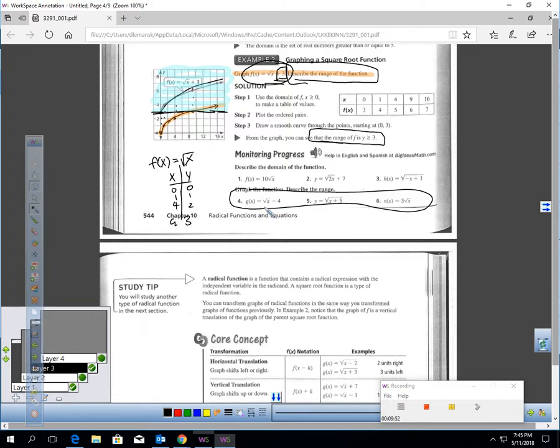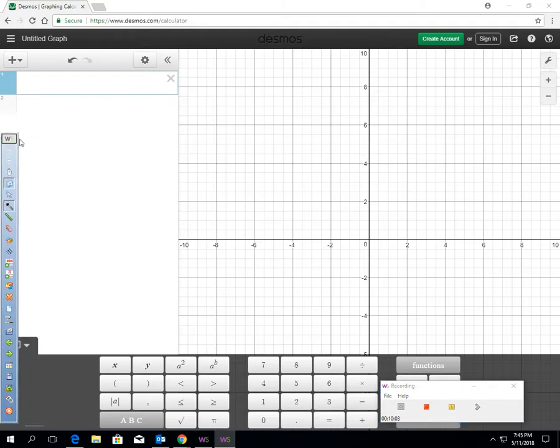So for number 4, g of x is the square root of x minus 4. Does it make sense that that should move my graph down 4? Well, let's actually see that in the picture. And this first one I'll type in with you, so I'm going to type in y equals square root, got to find the square root x, and you can see there's the parent function.